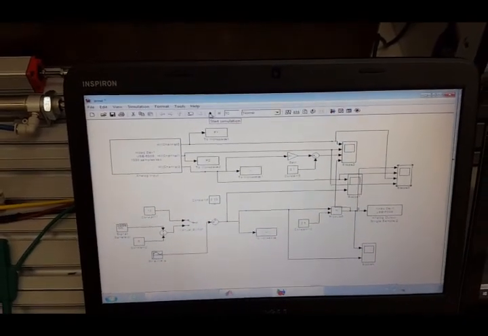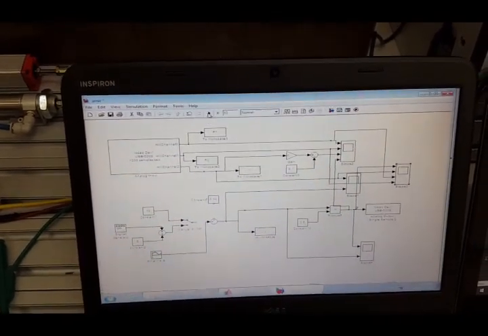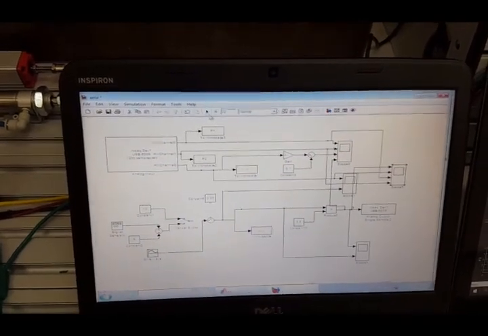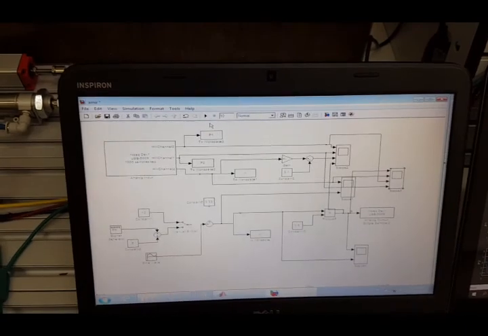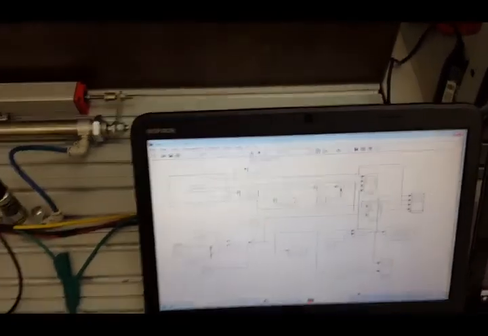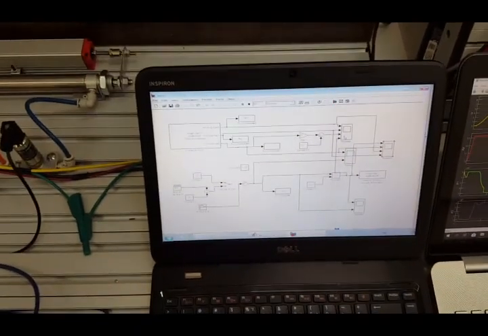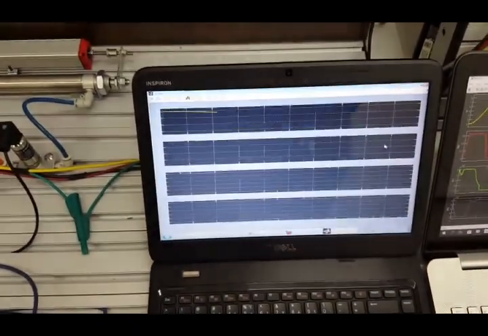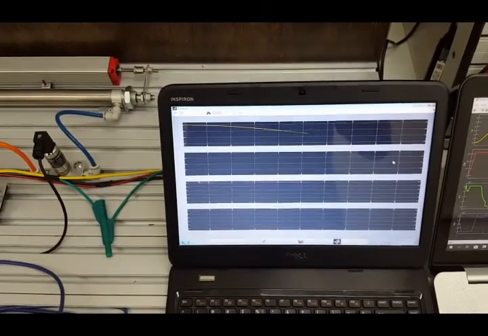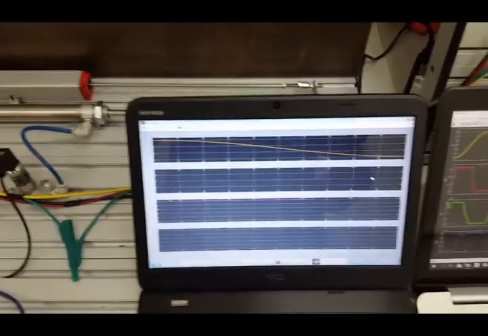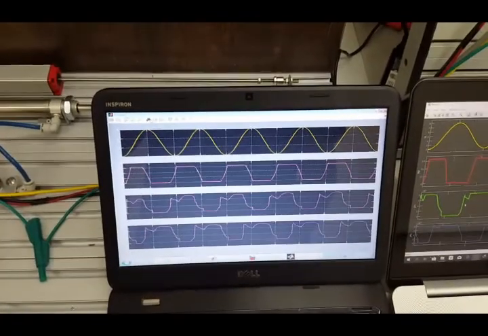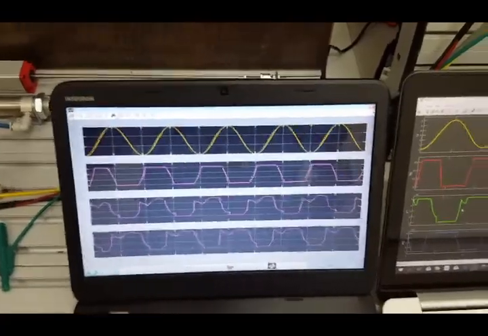The same test control signal is gonna be inserted into the real system, also with the same simulation time. So now you can see the system responses.